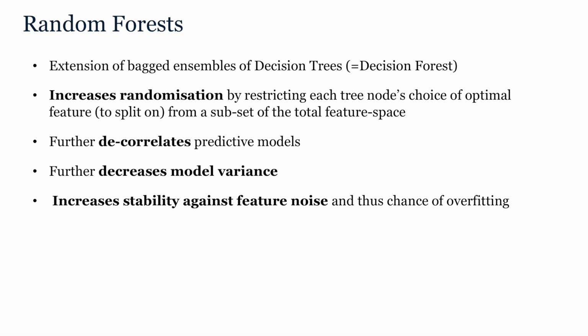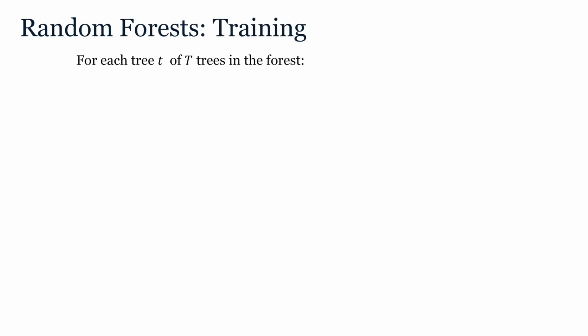Specifically, random forests work by limiting the choice of features available at each node in each tree to a subset. This has the result of further decorrelating base learners of the ensemble, therefore further decreasing variance and increasing stability against feature noise and thus the chance of overfitting. So the building of decision forests can be summarised as follows.